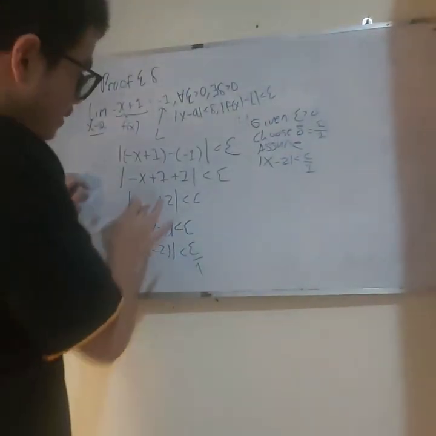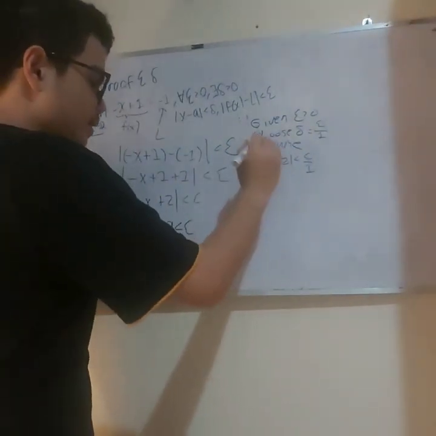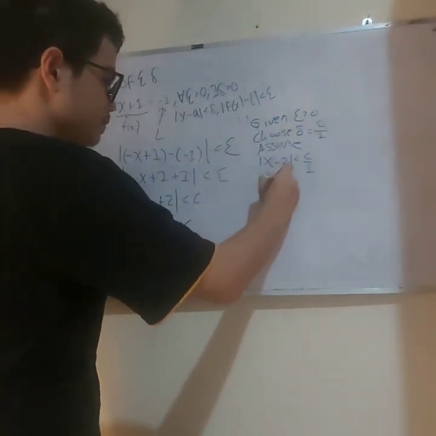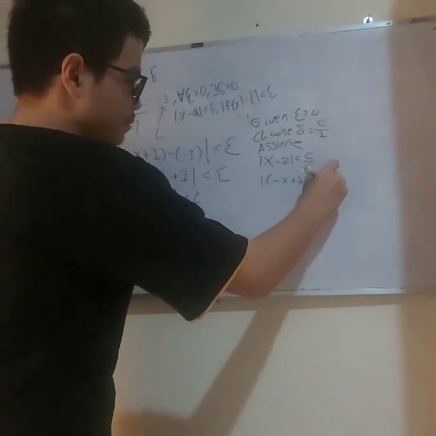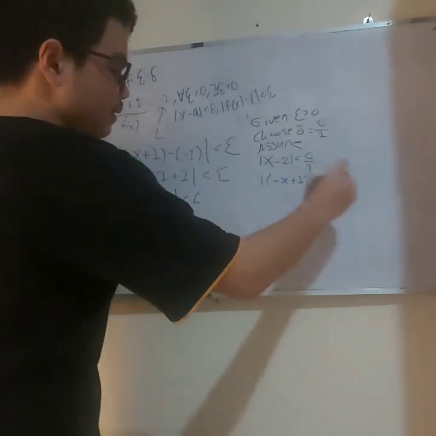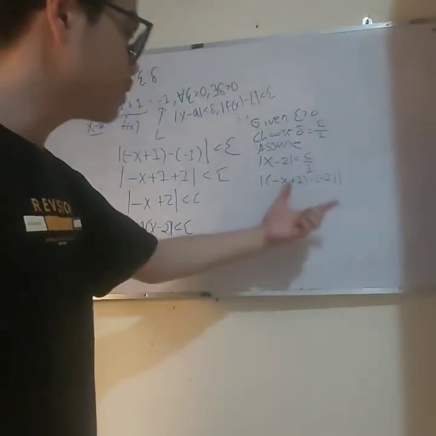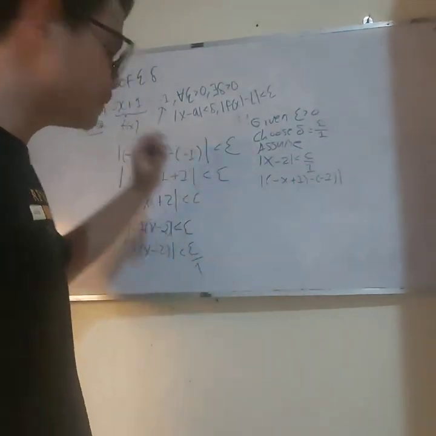Now we have to do this again. We have the absolute value of minus x plus 1 minus minus 1. But we don't have less than epsilon yet; later there will be something different.